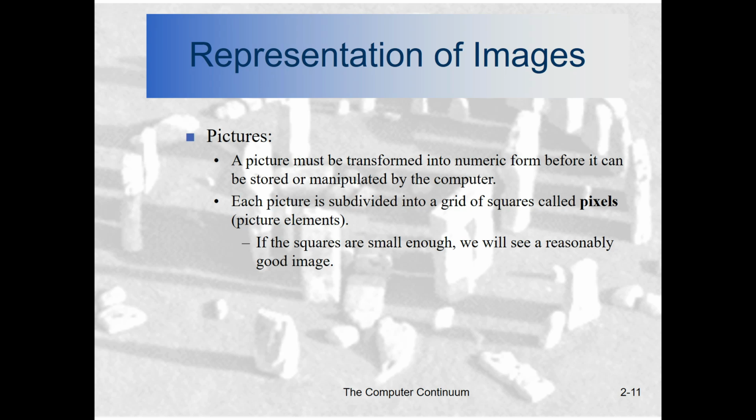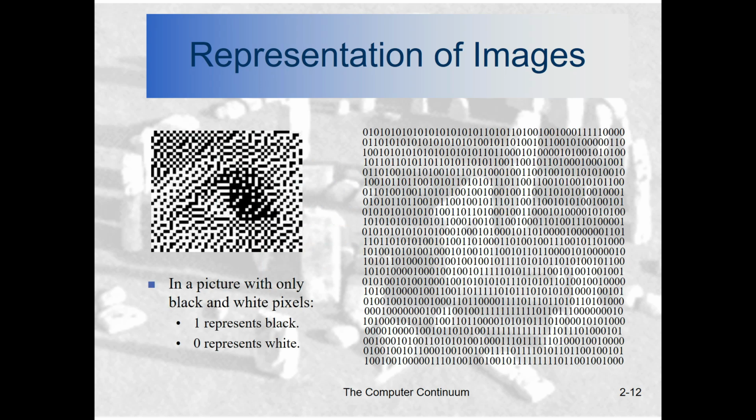Okay, so here's an example. Let's say you have an image. In the image you are representing the white dots as 0 and the black dots as 1. When you place all these in a grid, in a matrix if you talk in mathematical format, then it becomes an image.